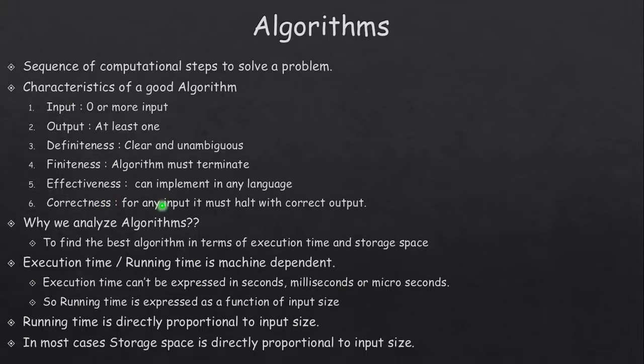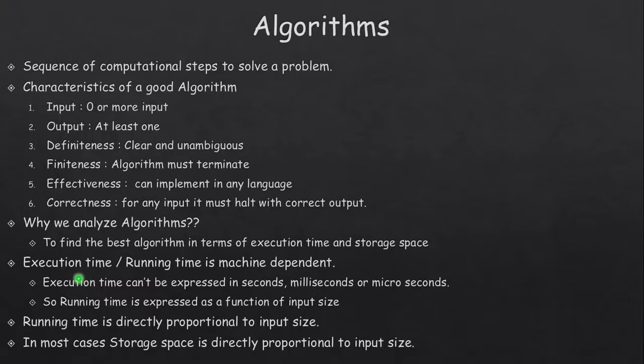For any input, it must give the correct output. If it produces correct output for some inputs and incorrect output for some other inputs, we can't say it is a good algorithm. If it is a good algorithm, for any input it must end by producing a correct output.